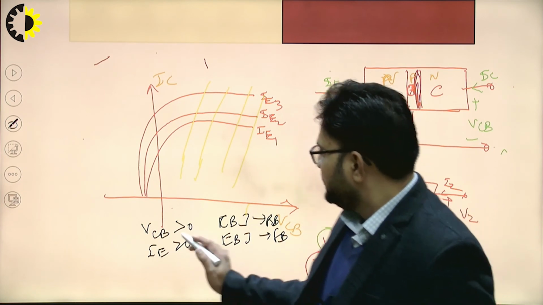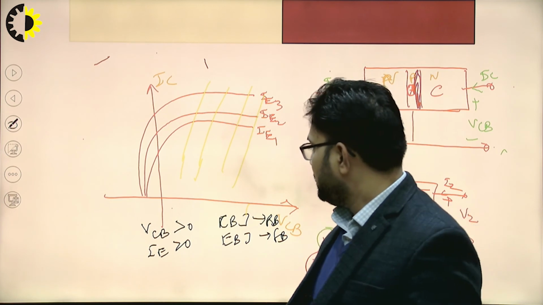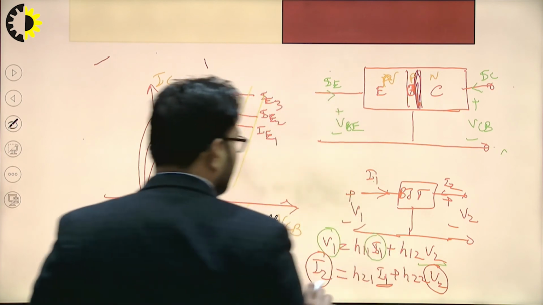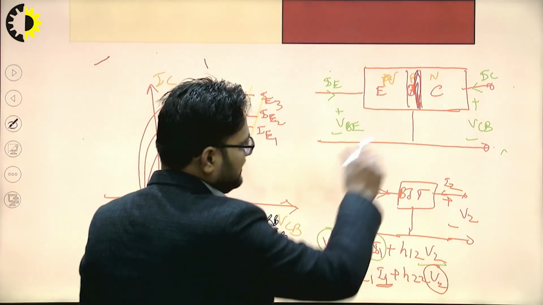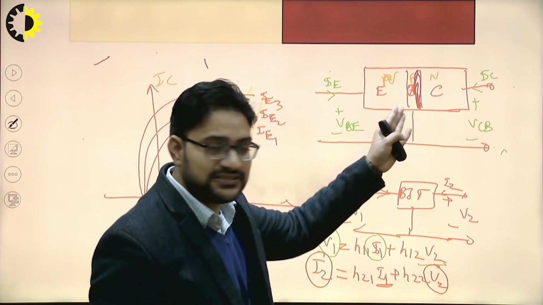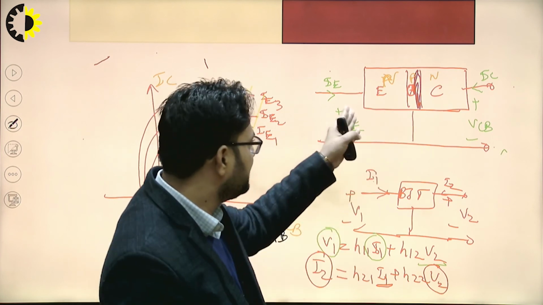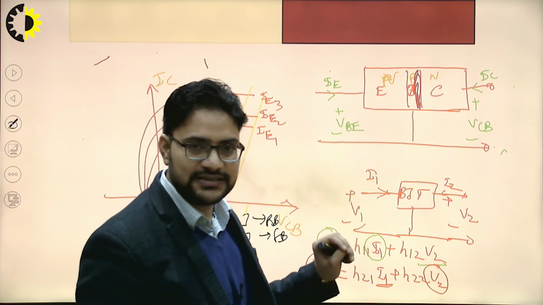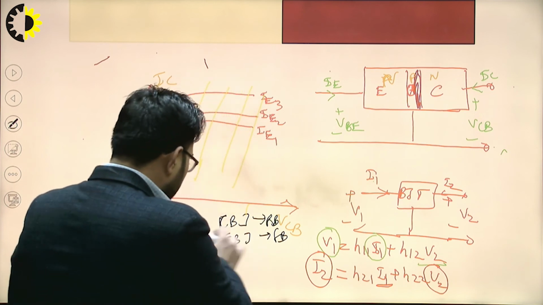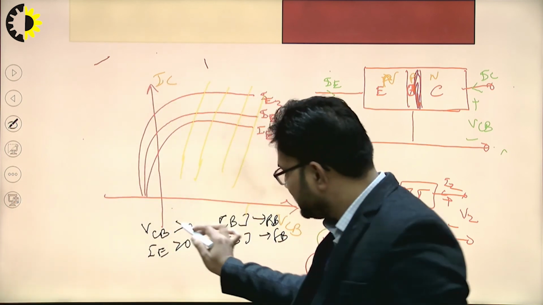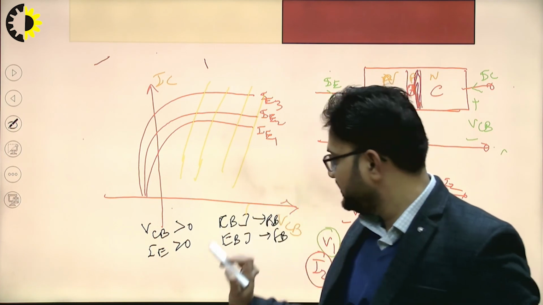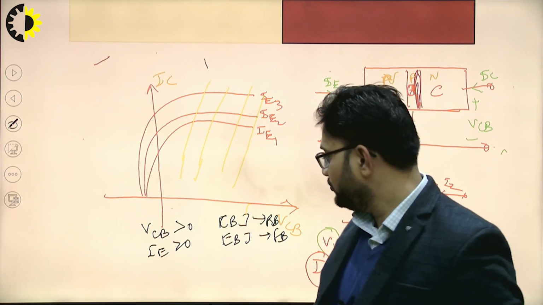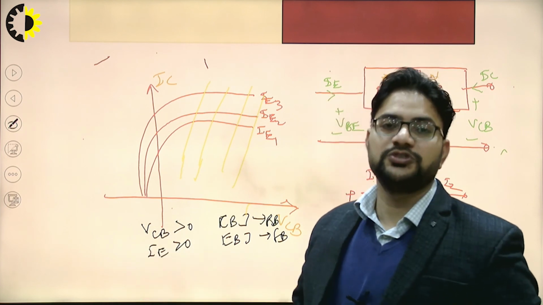Next is the cutoff region. For the cutoff region, the collector base junction should be reverse biased and the emitter base junction should also be reverse biased. So both junctions are reverse biased. It means that VCB is greater than 0, so the collector base junction is reverse biased, and IE is less than 0, or you can say IE is equal to 0.